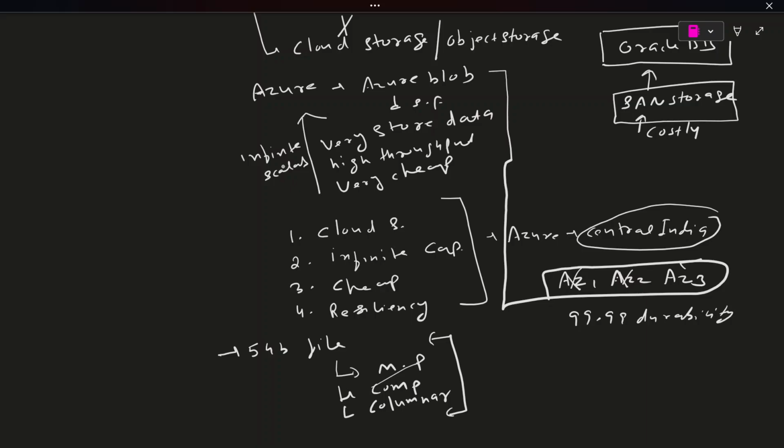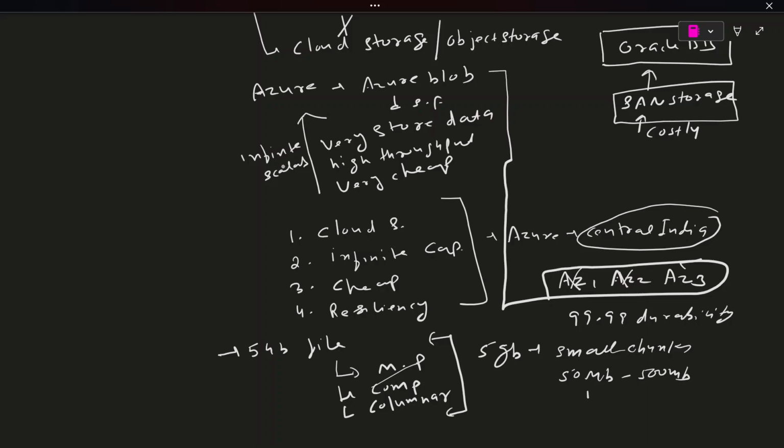First, it will do the micro partitioning. Micro partitioning means it will divide this 5 GB into small chunks. It can be from 50 MB to 500 MB.